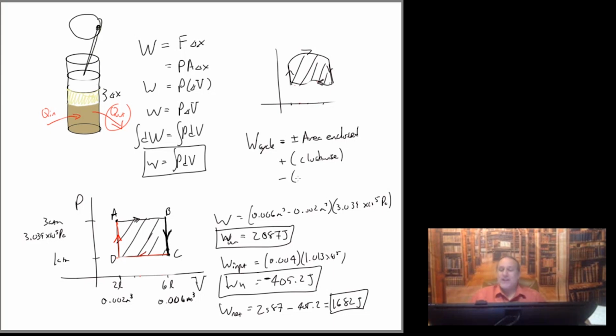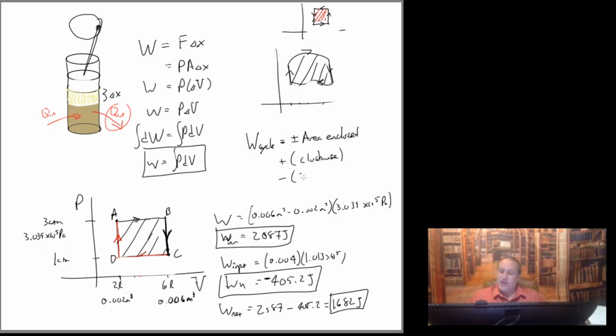But if I run the cycle counterclockwise, what does that look like if I have something going like this? Then the positive area is small and the negative area is large. And when I cancel out the overlap, I'm left with this red area, this negative area.